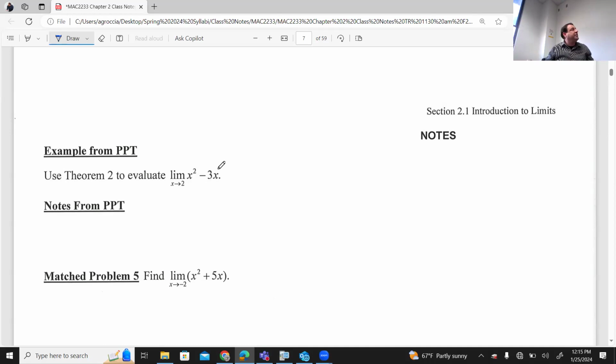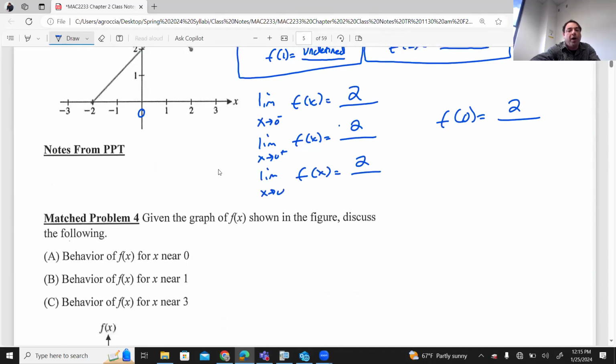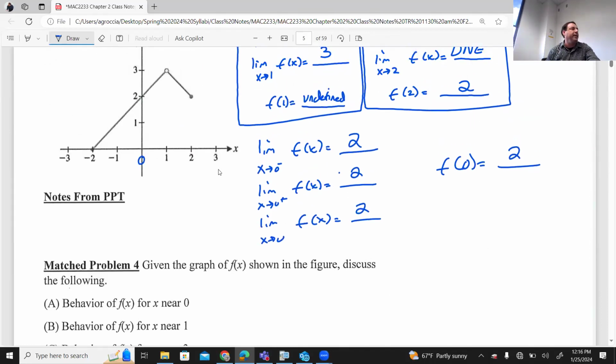So if I understand that this is a parabola, it's a polynomial is what it falls under, I can just plug in 2. Because 2 squared minus 3 times 2, that's going to give you 4 minus 6, which gives you -2. Because just like we did for the 0, if there are no problems, it all ends up being the same answer.